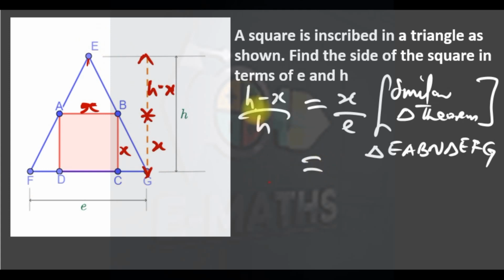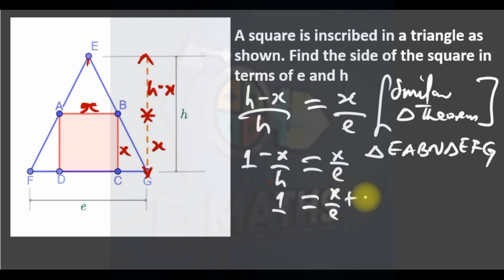So let's simplify. This is 1 minus x over h, and we have x over e. Our main aim is to get the side, which is x, in terms of h and e. So we collect like terms: x over e plus x over h equals 1.